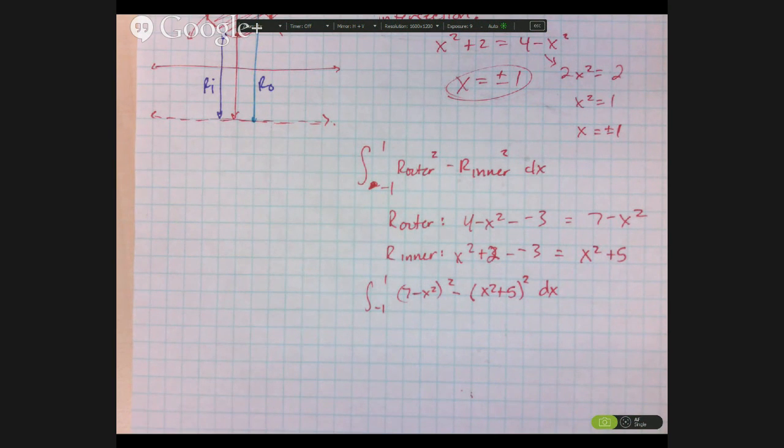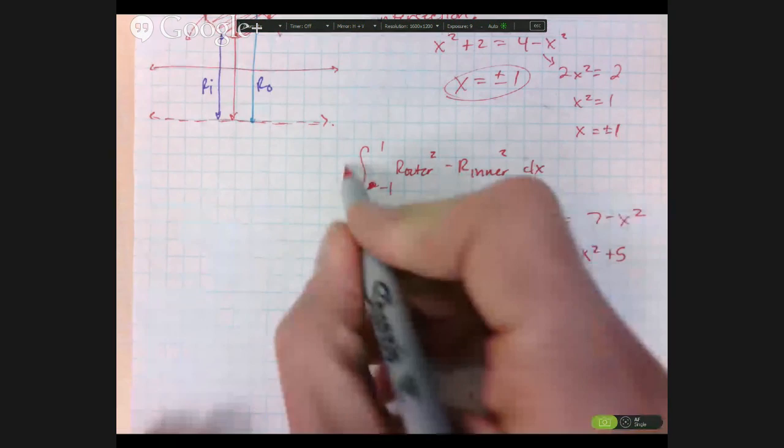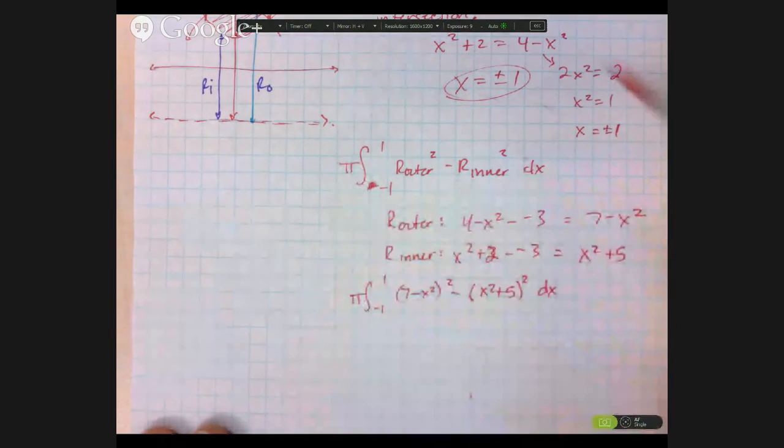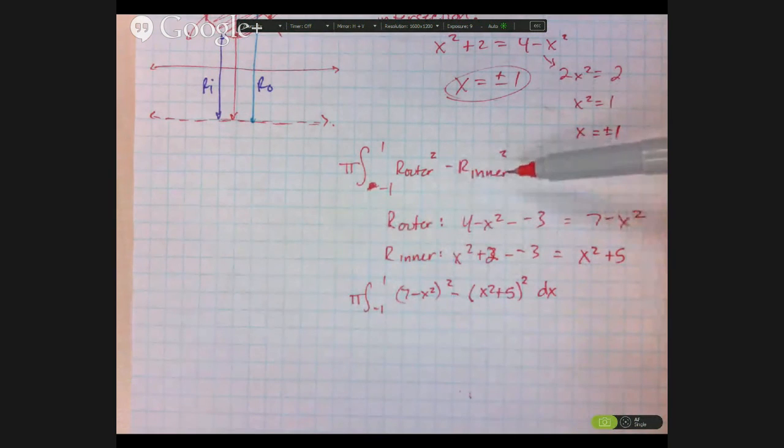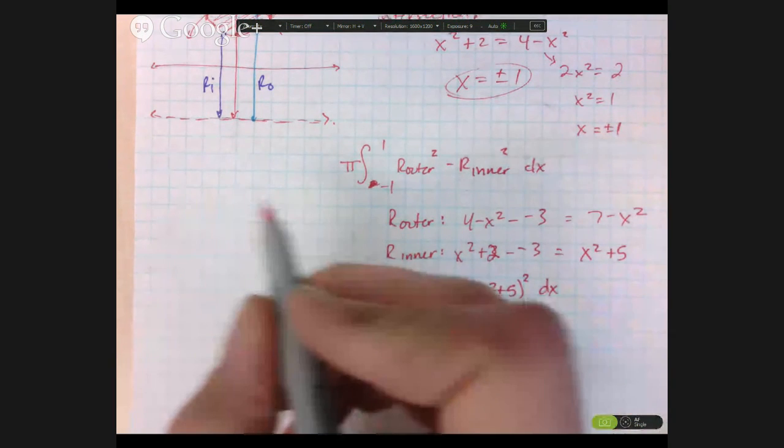You have to square them first. Remember the integral? You can't put your pi out here. Can you minus them first? No, you have to square them first.